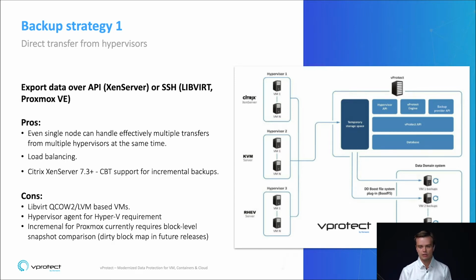So it actually allows us to do a few things. First of all, we are able to directly talk with a specific hypervisor, so it means that we are able to load balance the appropriate set of tasks.